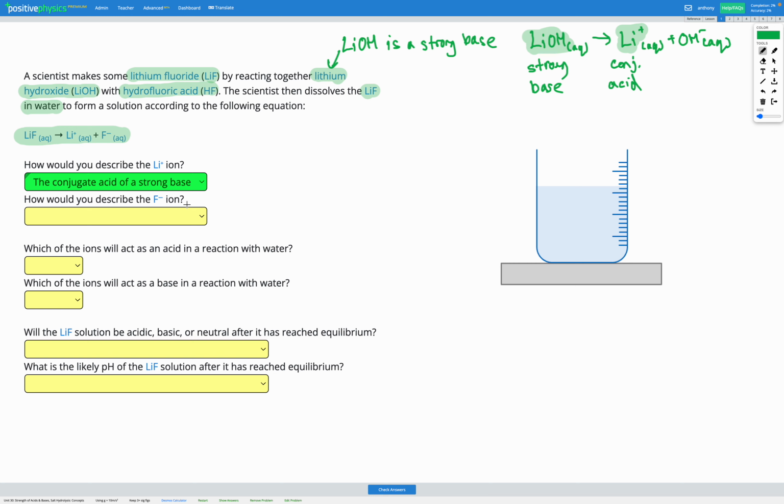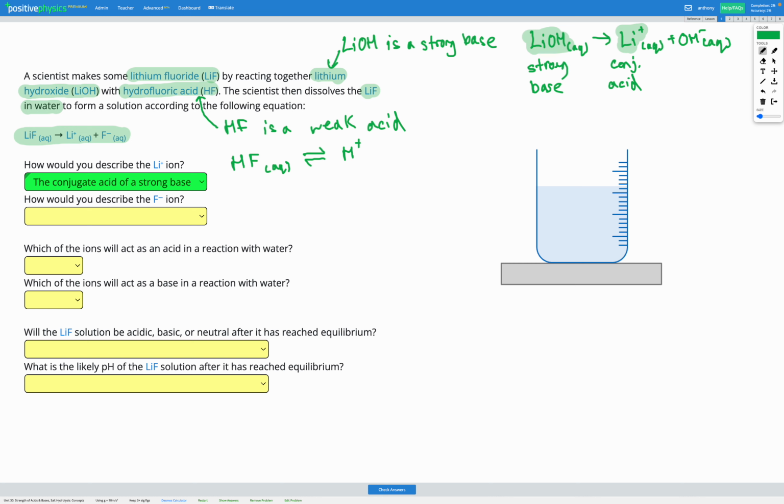What about the F- ion? The F- ion came from hydrofluoric acid, HF. And HF is a weak acid. It's not one of our strong acids. So let's write an equation for HF. When HF reacts with water, we have that reversible arrow showing it can go both directions.